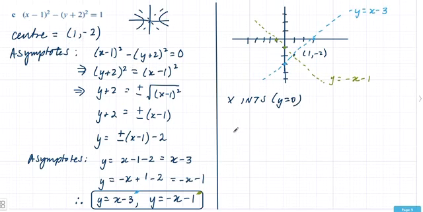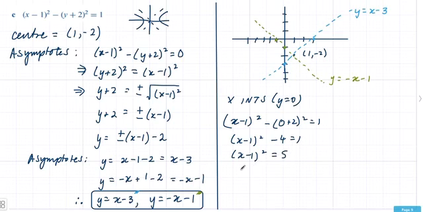We're going to have (x - 1)² - (0 + 2)² = 1. (x - 1)² is going to be 5 after adding the 4 to the other side. So x - 1 is equal to plus or minus the square root of 5, because we're taking the square root. Forgot my minus 1. Then x is equal to plus or minus the square root of 5, plus 1.